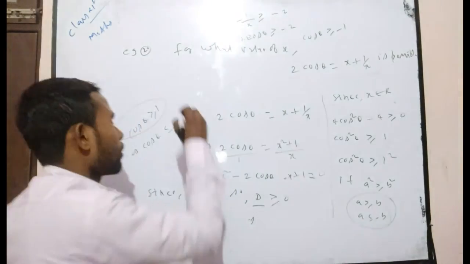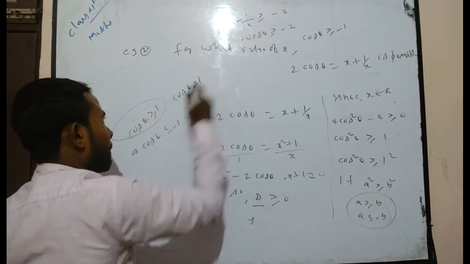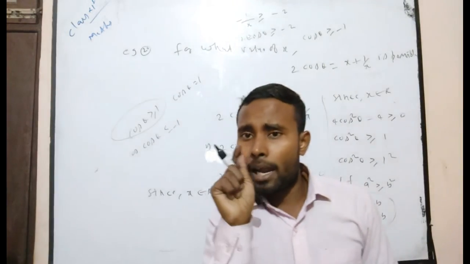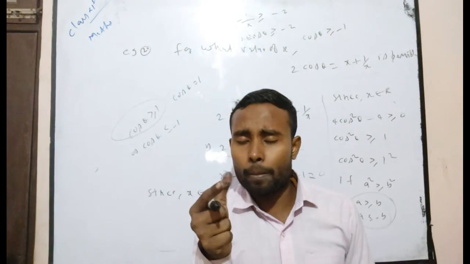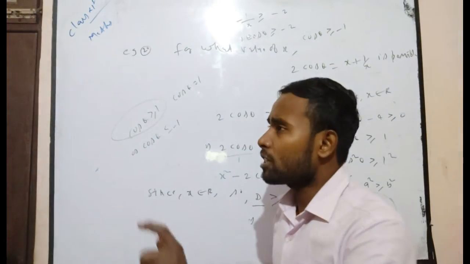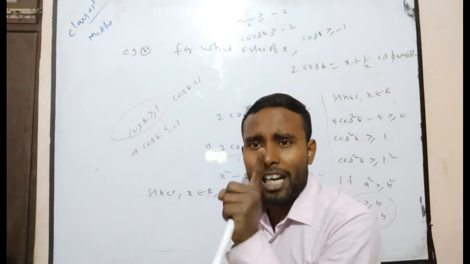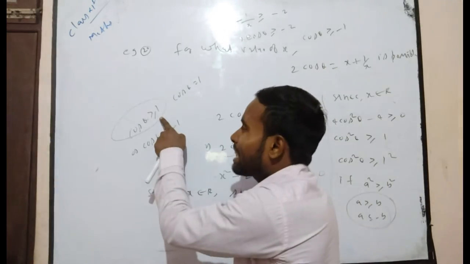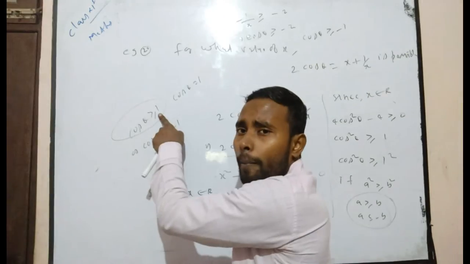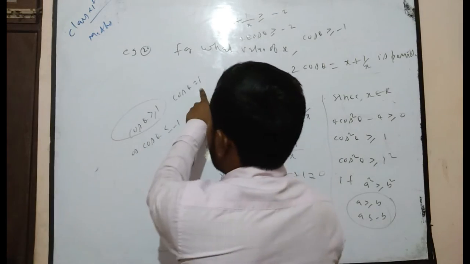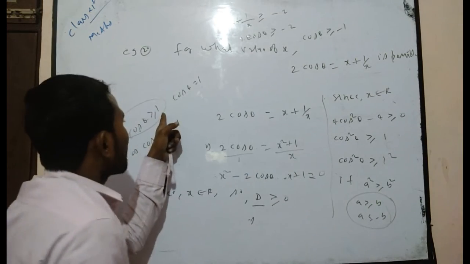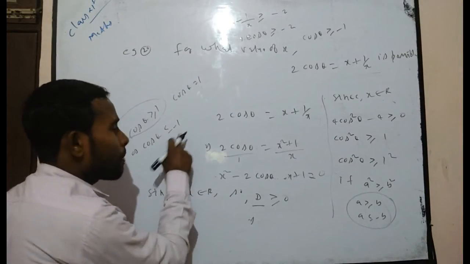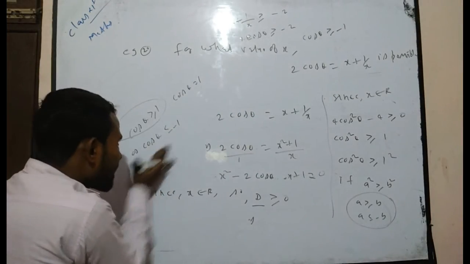It is possible that cos theta is equal to 1, but it can't be greater than 1, because the range of the cos function lies between minus 1 and 1. That means its maximum value is 1 and its minimum is minus 1, so it can't exceed 1 or decrease below minus 1.